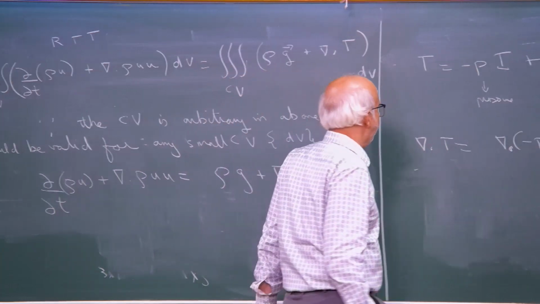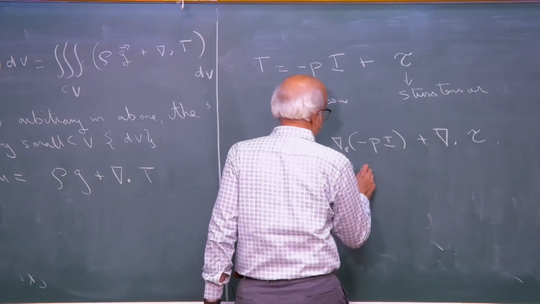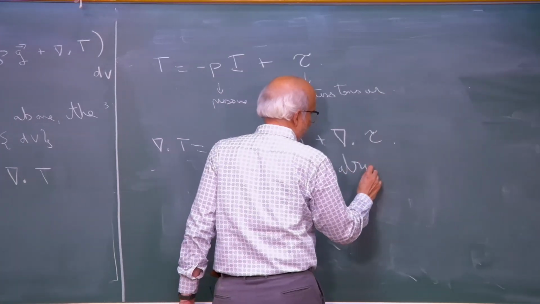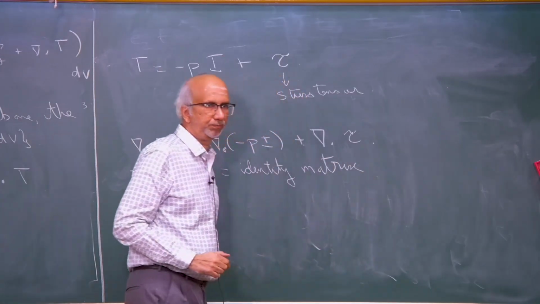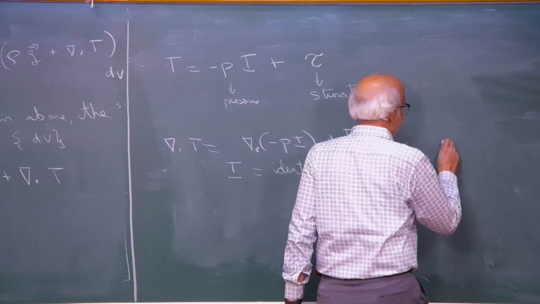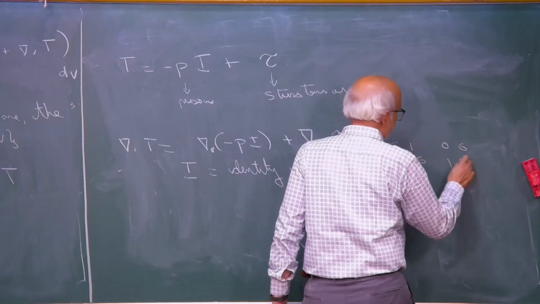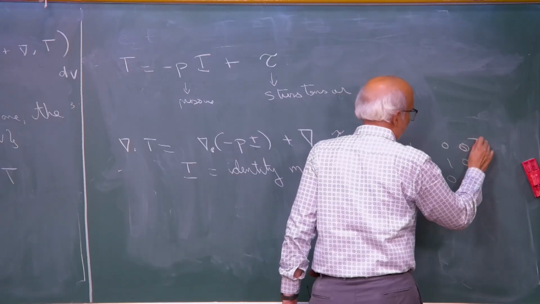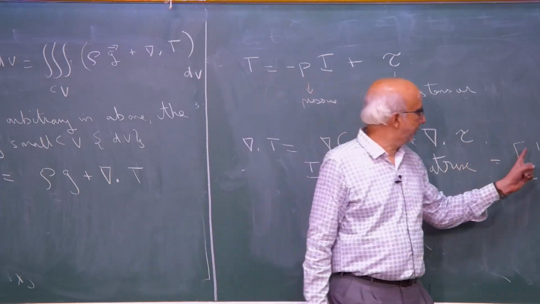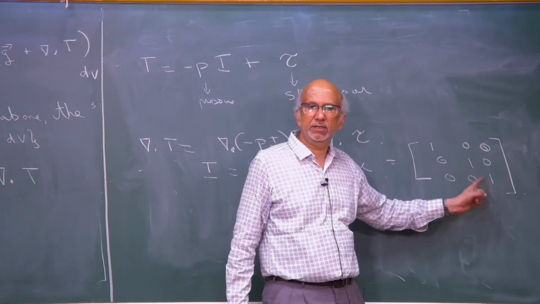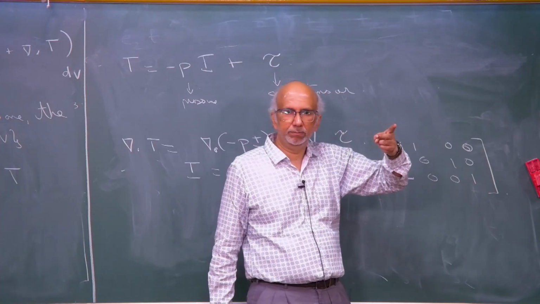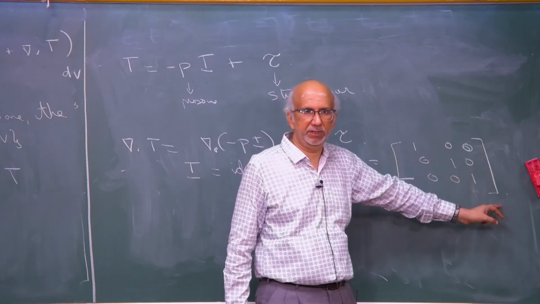So, basically I is 1 0 0, 0 1 0, 0 0 1. So, the only terms which contribute in I are the diagonal terms, where i is equal to j. This is 1 1, this 2 2, this 3 3, all the others are 0.